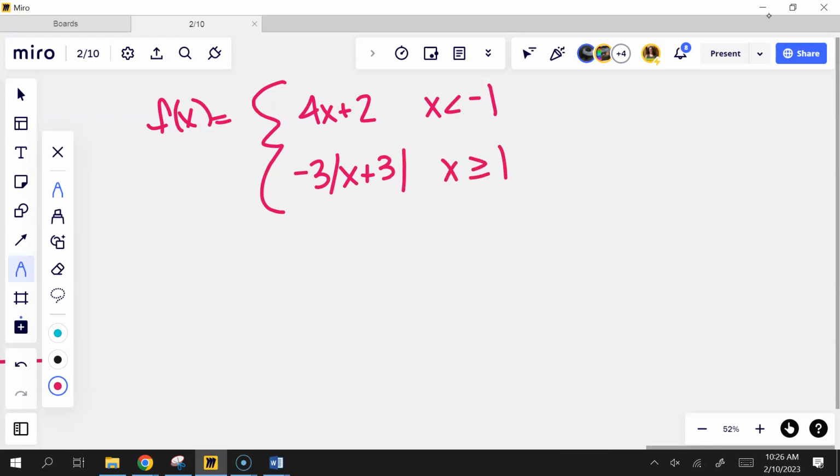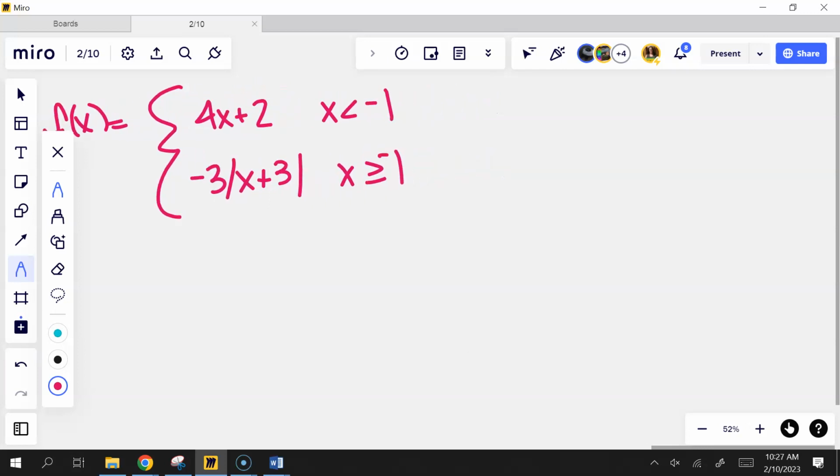Bottom up, not left to right. So lowest Y value. All right. The first one is the same way we've been doing. So I'm going to plug in the boundary, right?